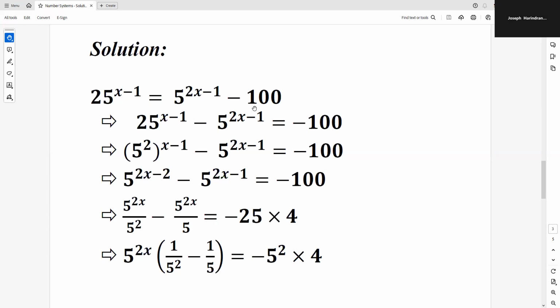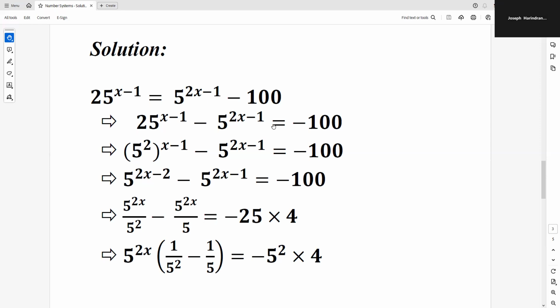So let us transpose the 5 power 2x minus 1 to the left-hand side with the change of sign. The plus becomes minus here. So we have 25 power x minus 1 minus 5 power 2x minus 1 is equal to minus 100.